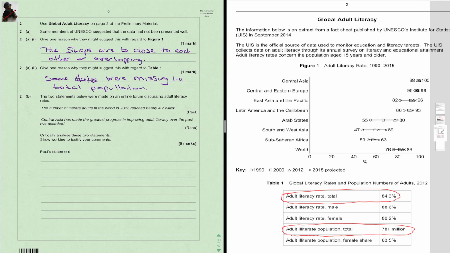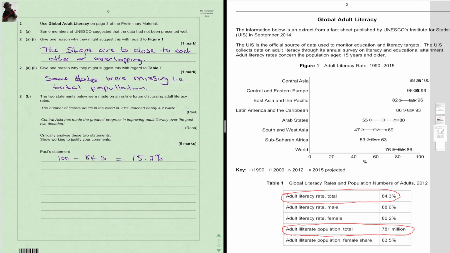So if the literate rate is 84.3, the illiterate rate will be 100 minus 84.3, and that equals 15.7%. That's for the illiterate.